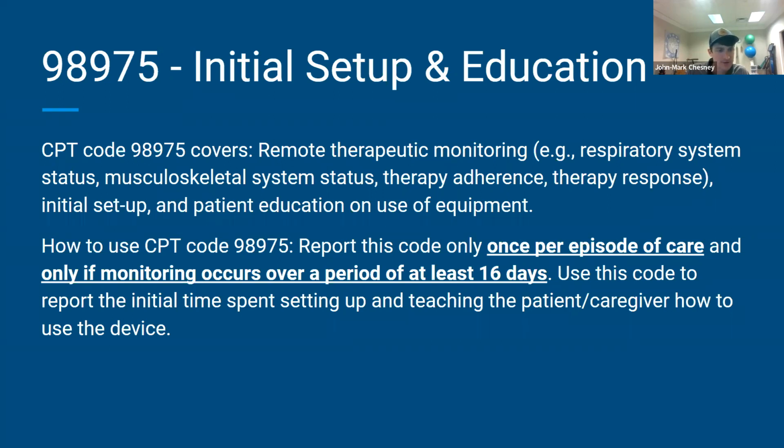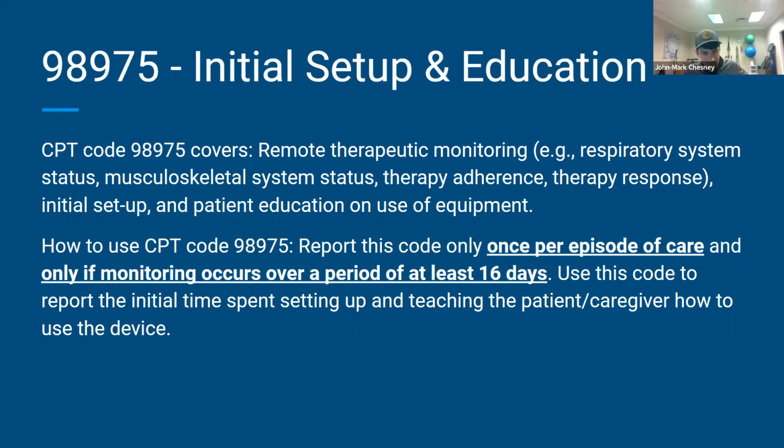So you want to use this code to report the initial time spent setting up and teaching the patient or caregiver how to use this device. So you'll meet the initial setup and education part typically on your initial evaluation.